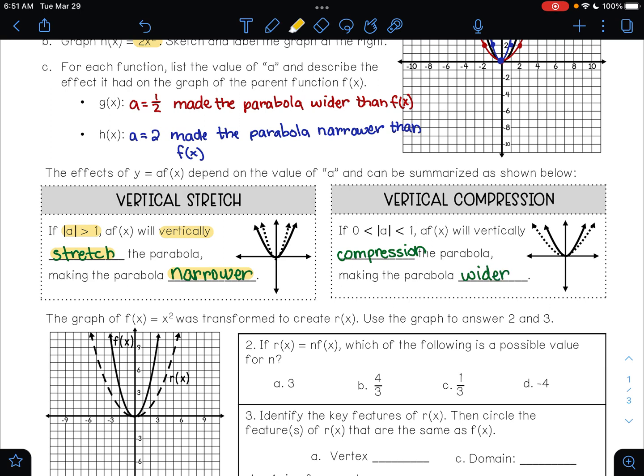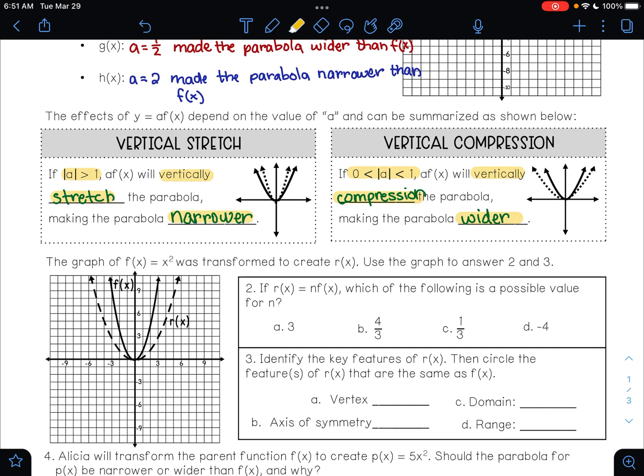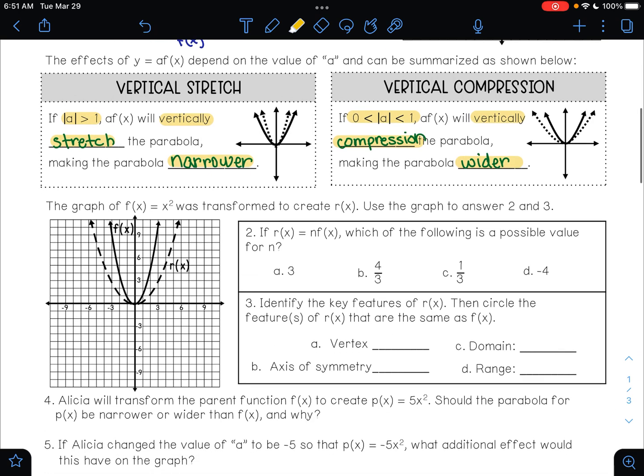So again, the STAR test could use either one: vertical compression or wider. So think of narrower as skinny, wider as a little thicker.